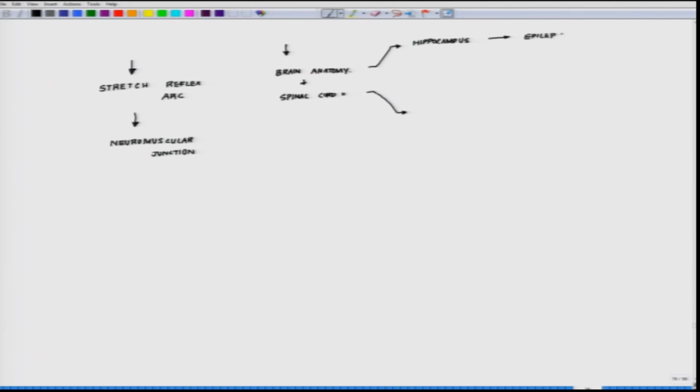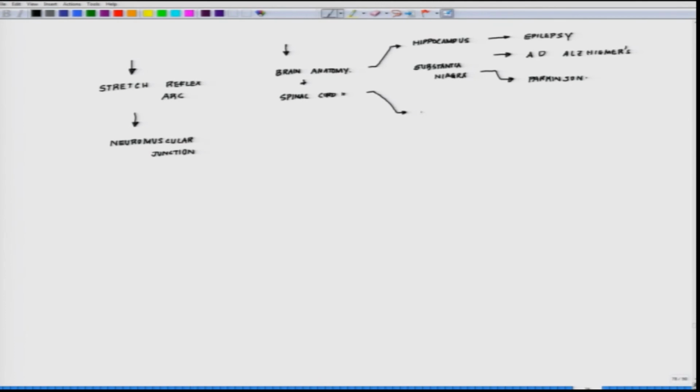We'll conclude, once I show you the anatomical location, with epilepsy, AD or Alzheimer's disease. Then we'll talk about the substantia nigra and Parkinson's.